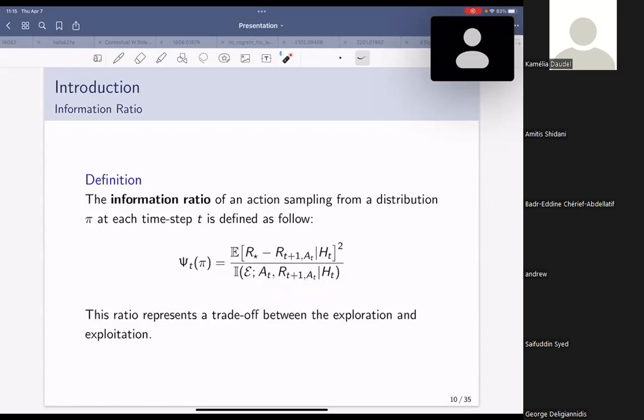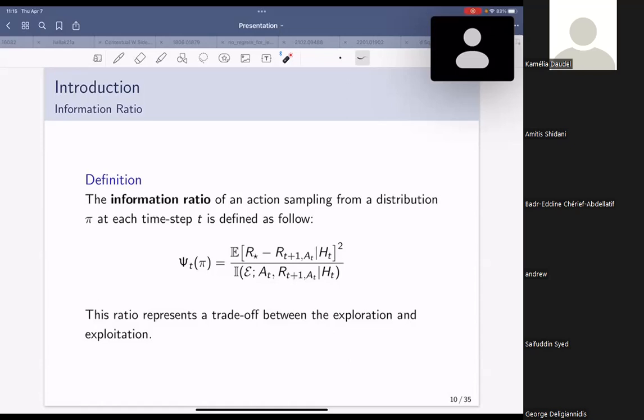The interesting thing about the information ratio is that it shows a very interesting trade-off between exploration and exploitation. Let's see when psi is very small. Psi is very small when the regret in the numerator is very small. In that case, it means that we are exploiting the history very well because we are playing very close to the optimal case, which is exactly exploitation.